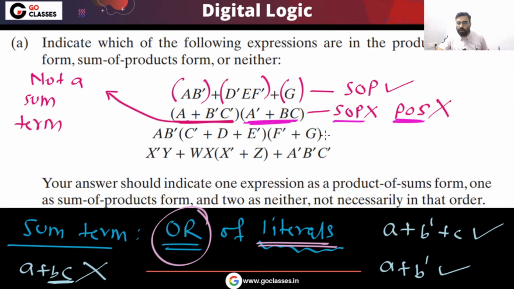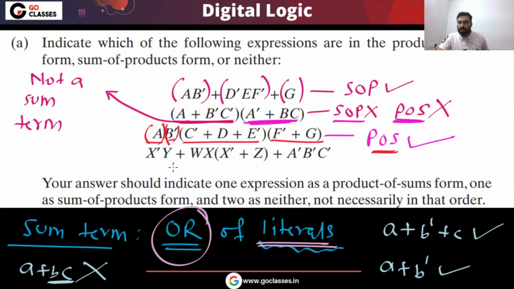Next, what about the third one? Yes, this is product of sum. You can clearly see this is product of sum. I can write it like this, A, B bar. And you can notice this is a sum term, this is a sum term, this is a sum term.